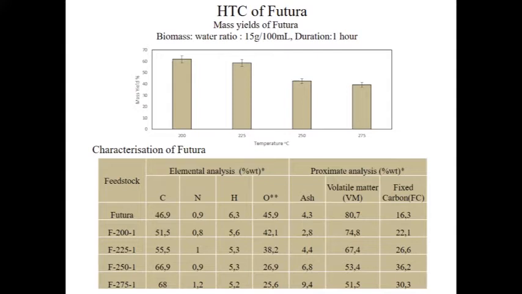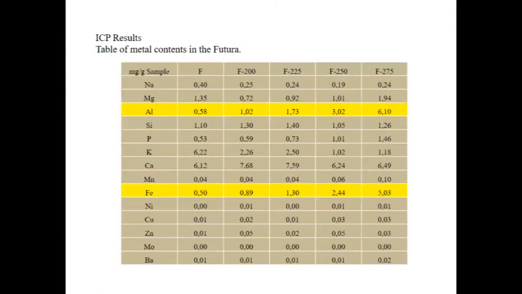The inorganic content of Futura and Narlısaray 19 may be responsible for the difference in the ash content of the corresponding hydrochars. ICP results show that Futura-derived hydrochars had a high amount of aluminium and iron, which were insoluble during the hydrothermal carbonization process, and iron and aluminium concentrations continuously increased with increasing temperature, 0.58 and then going to 6.10.